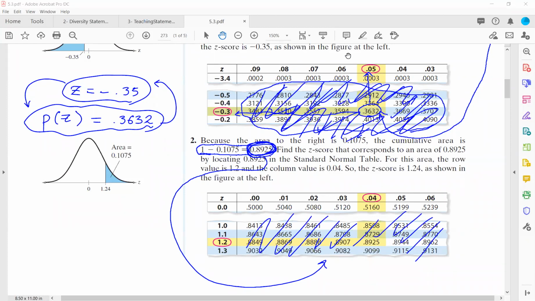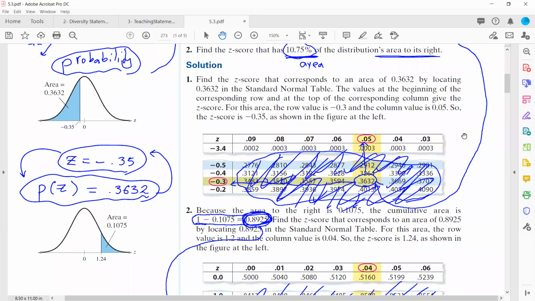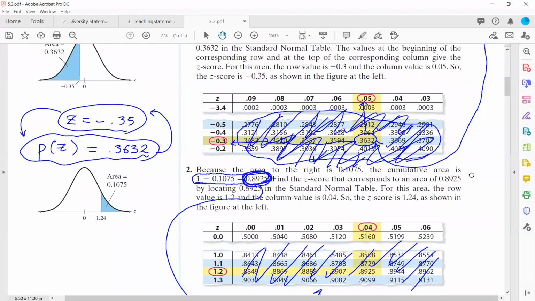Again, since the question says it's area to the right-hand side, we have to do a little bit of algebra. This algebra is 100% minus 10.75%, which is 0.8925.